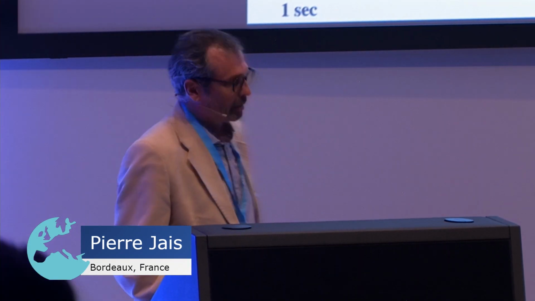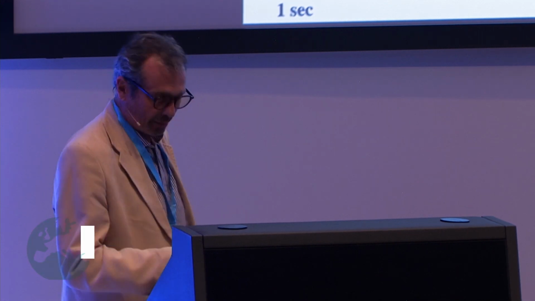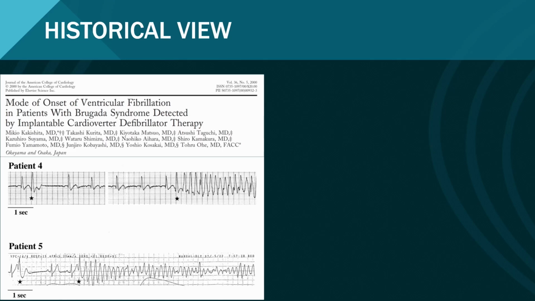Some disclosures. If we look at the literature, I think the first paper to describe how ventricular fibrillation was initiated in this condition was by this Japanese group. So they described these VPBs that consistently were preceding and inducing, in fact, the ventricular fibrillation.